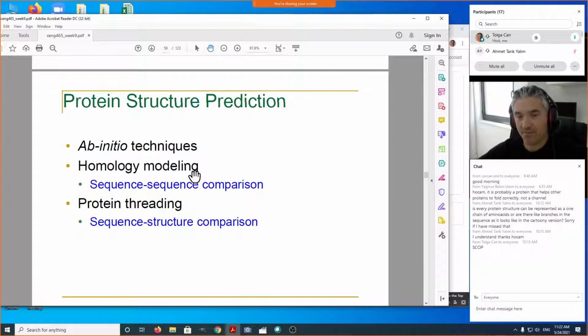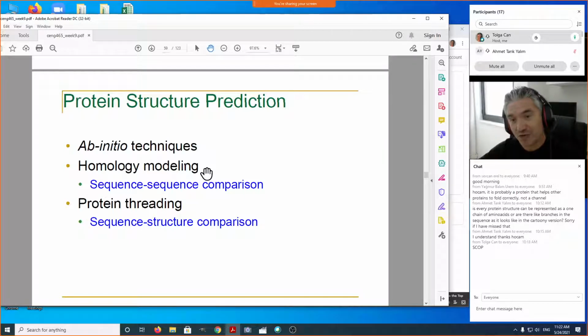It's not possible because in order to get a template, you have to first find a protein sequence with known structure that has considerable similarity to yours. If your new protein with 1,000 amino acids doesn't have any sequence identity, and since it's a very large protein, you cannot use ab initio.